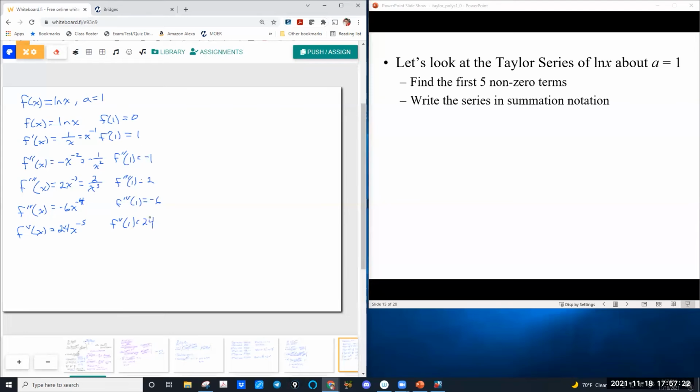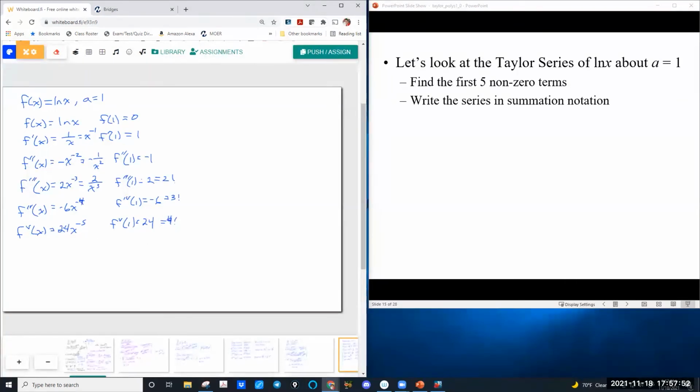We have 1, 2, 3, 4, 5. So this is enough to get the first 5 non-zero terms. But if it weren't, notice we have a pattern going on. First off, the signs are alternating, positive, negative, positive, negative, positive. And 2 is 2 factorial. 6 is 3 factorial. 24 is 4 factorial.